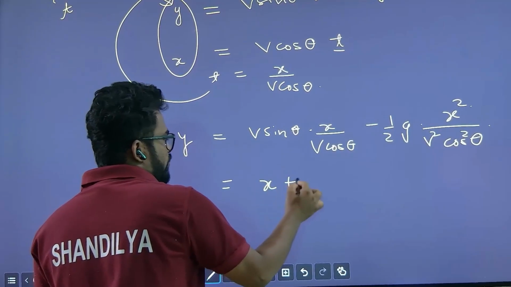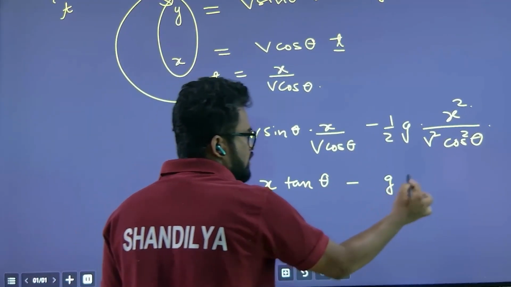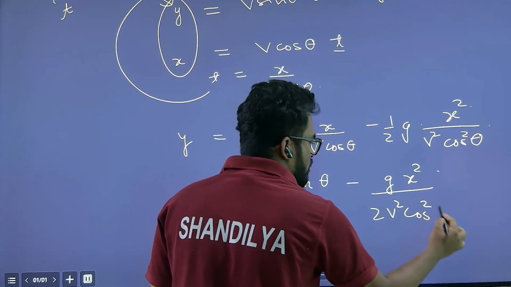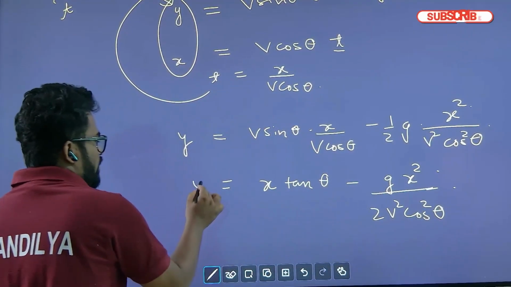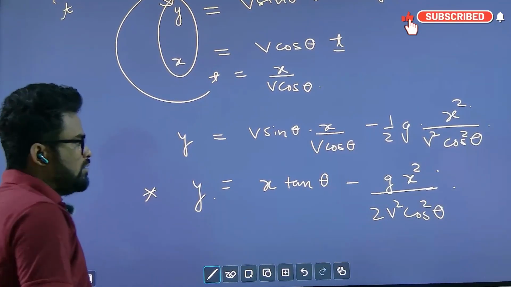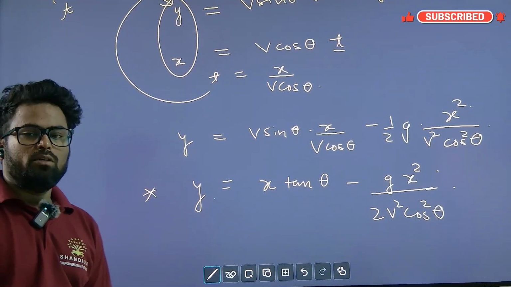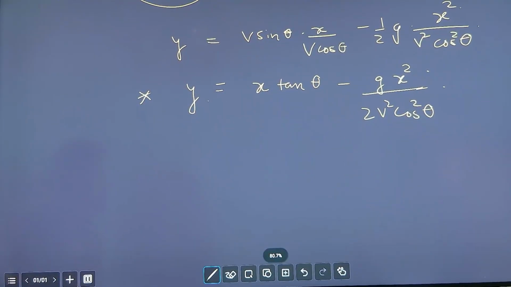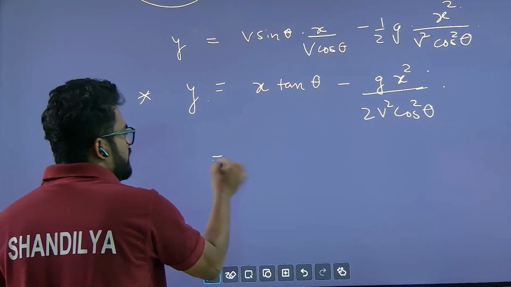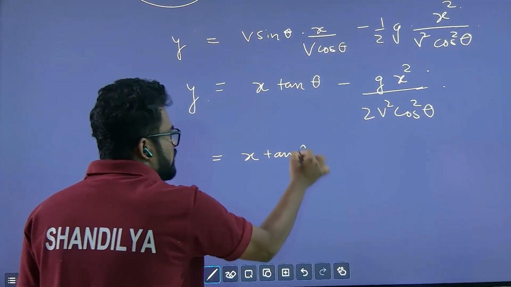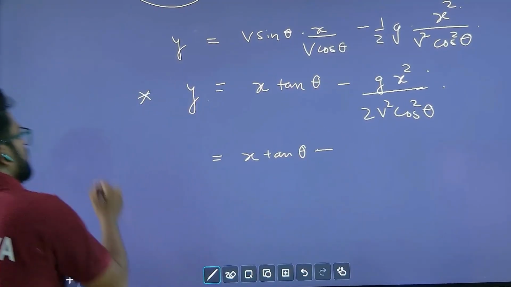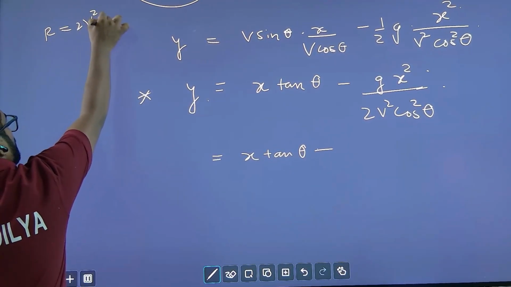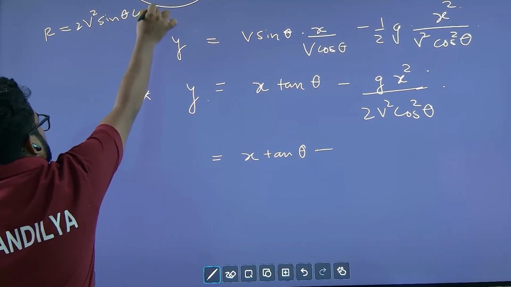So the equation would be y equals x tan theta minus g x square by 2 v square cos square theta. Okay, this is called equation of trajectory. One more important form of this equation is that we can replace it in terms of range. If you remember, the formula of range was how much? Tell me. 2 v square sine theta cosine theta over g.